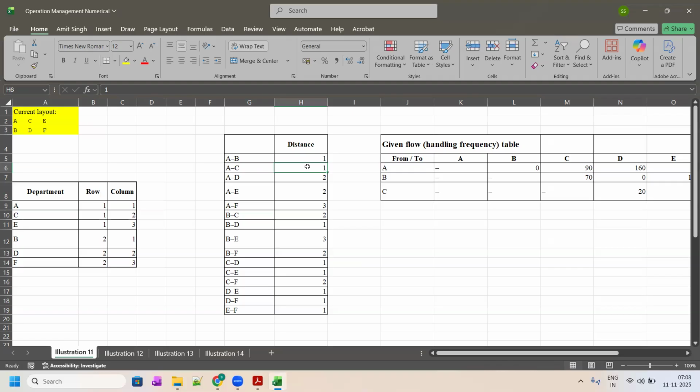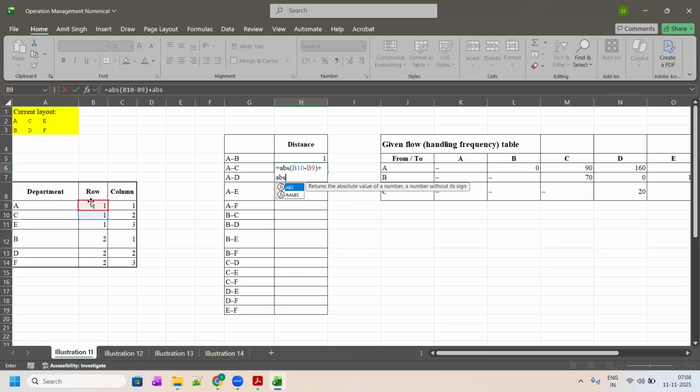If I ask you what is the distance between A to C, how will I calculate? Same way, we just need to subtract A to C row wise. 1 minus 1 is 0, plus 2 minus 1 is 1.